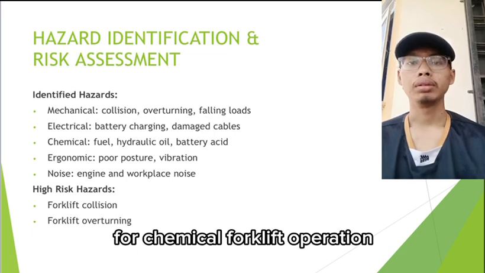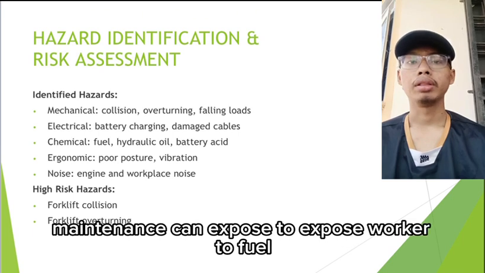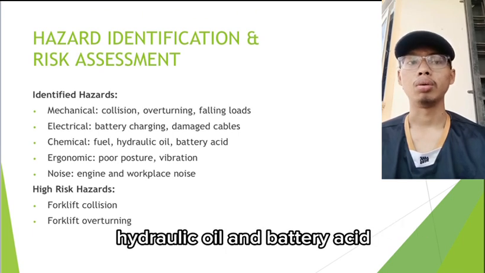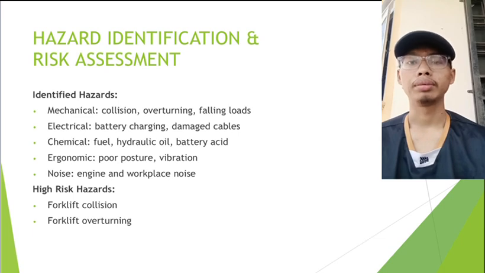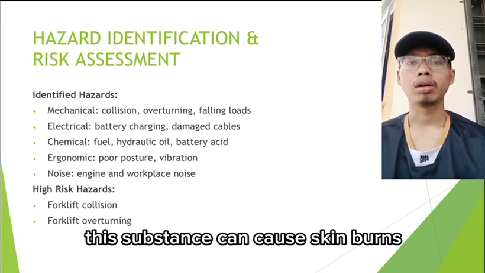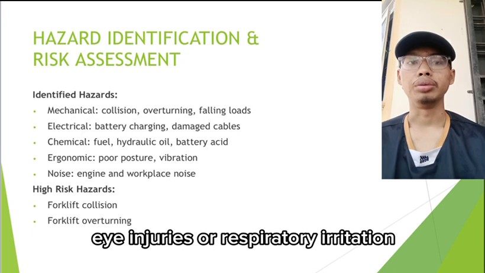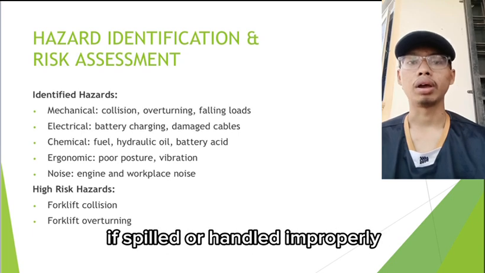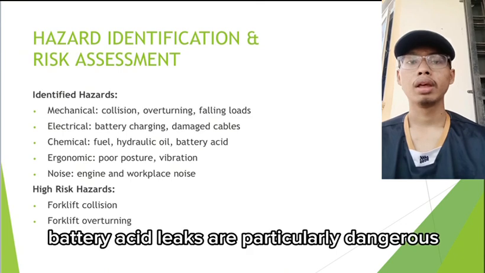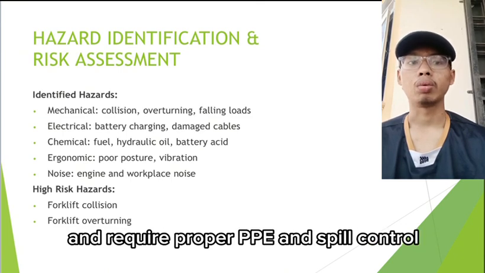For chemical, forklift operation and maintenance can expose worker to fuel, hydraulic oil, and battery acid. These substances can cause skin burns, eye injuries, or respiratory irritation if spilled or handled improperly. Battery acid leaks are particularly dangerous and require proper PPE and spill control.